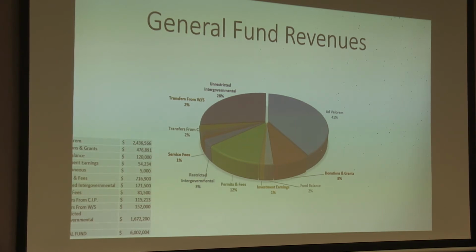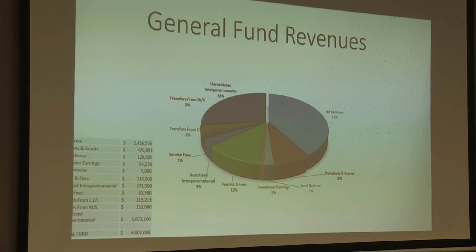And if you note, there's one chart that shows ad valorem tax base between the Gully and the town. And the Gully Fire District is actually larger in size and valuation than the town of Nashville. It's not a great deal larger, but it is larger. The difference is at least partially attributable to the town's limited ability to annex property, which is adjacent or near the town's corporate limits.